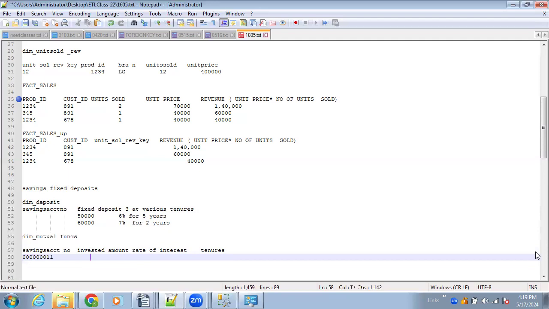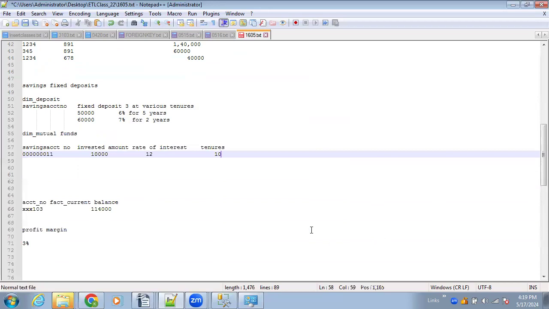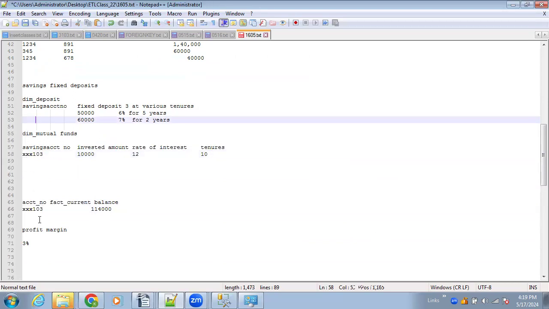If you are going to your 1 lakh, I have invested in some mutual funds at the rate of 11% or 12% for 10 years. That also has interest accrued, right? So for the same savings account number 103, I have invested into fixed deposits and into mutual funds also.